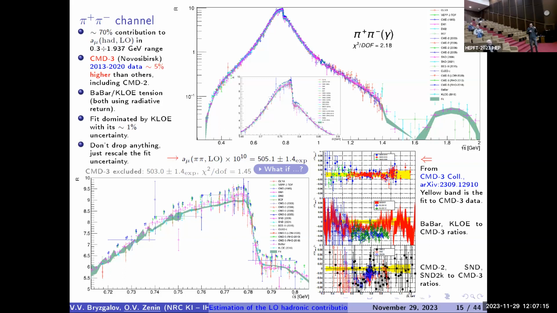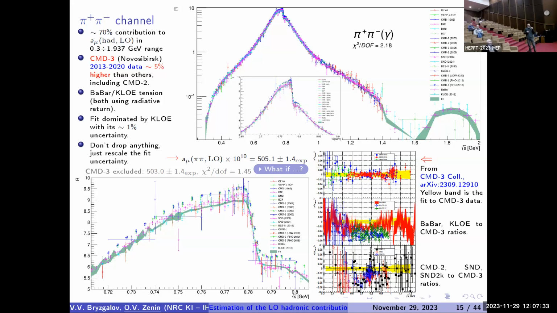We follow a standard prescription for how to deal with fit results if the fit is improbable, if it has a low probability corresponding to high chi-squared.